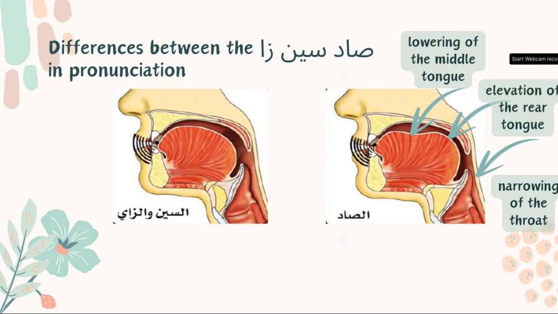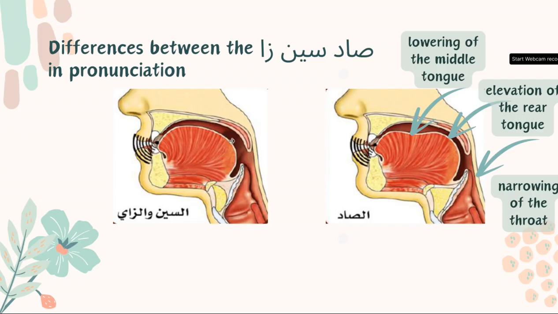Now, what are the differences between the Sad, the Sin, and the Z in the pronunciation, in the makhraj? Now, as we see here, for the Sin and the Z, the throat is normal, okay? It's not narrowed.